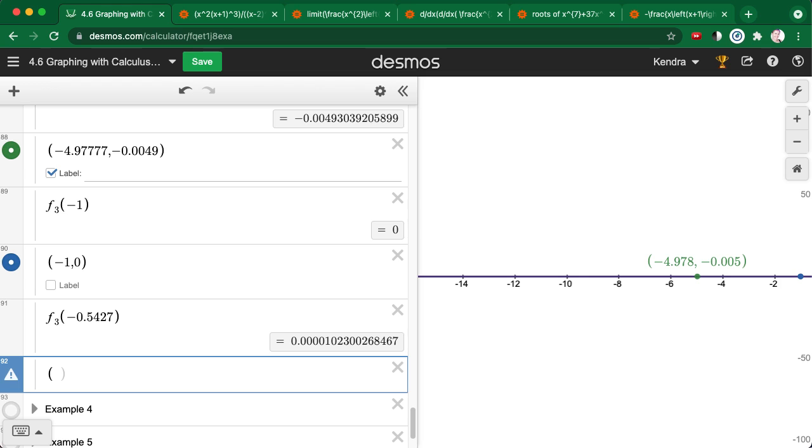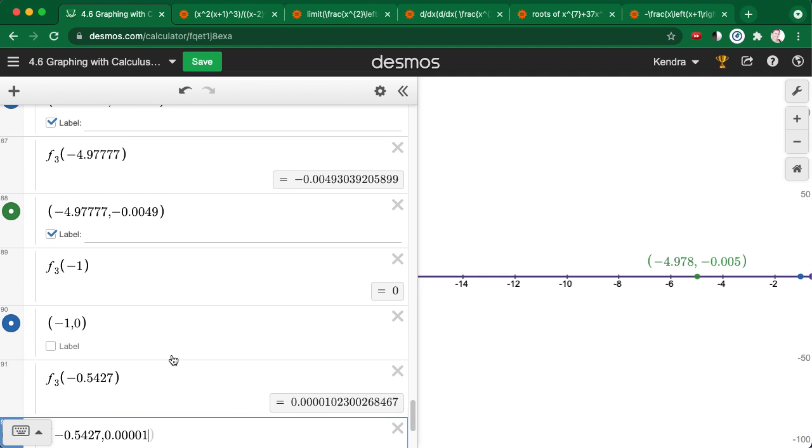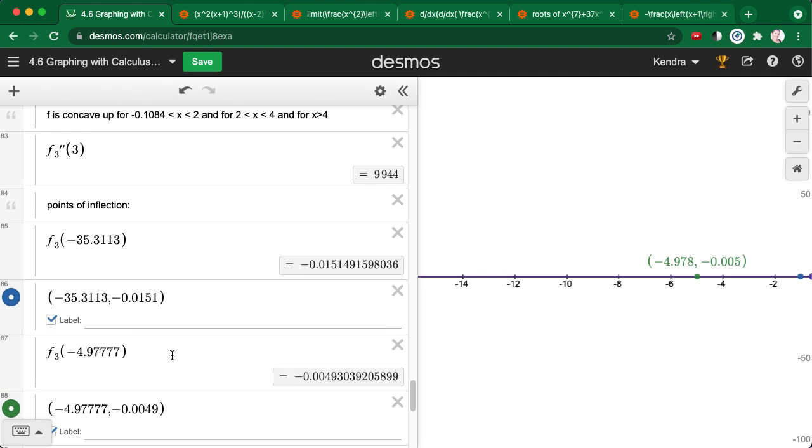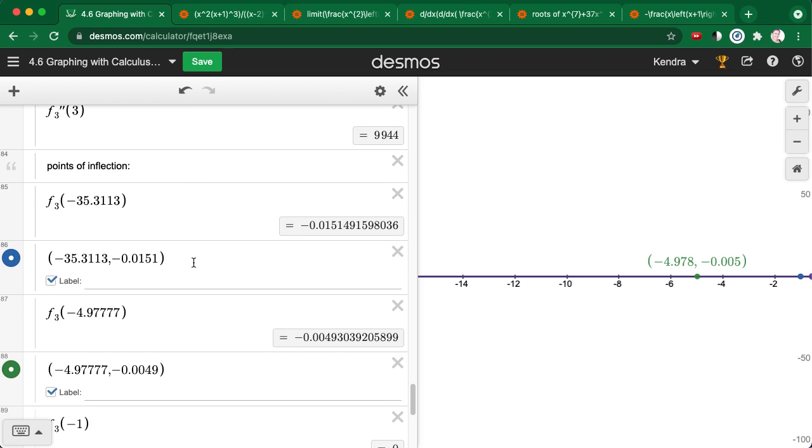So that's another point of inflection, (-0.5427, 0.00001). All right, and we went concave down to concave up at -0.1084.